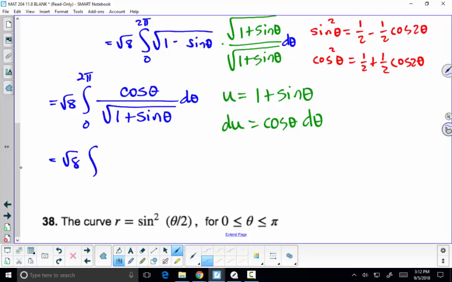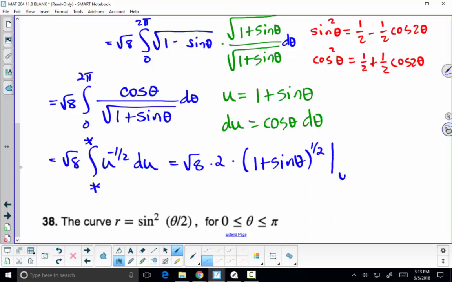So it's going to be u to the minus 1/2 du. We'll come back to the limits in a second. So we're going to get square root of 8. u to the positive 1/2 divided by positive 1/2 means multiply by 2. u to the 1/2, that's 1 plus sine of theta to the 1/2. And then that's from 0 to 2 pi.